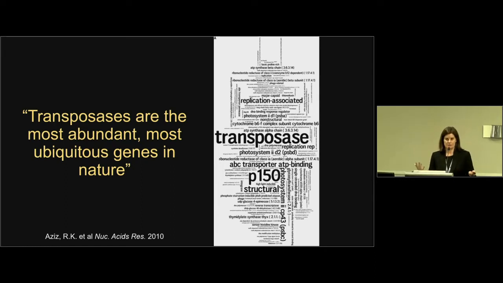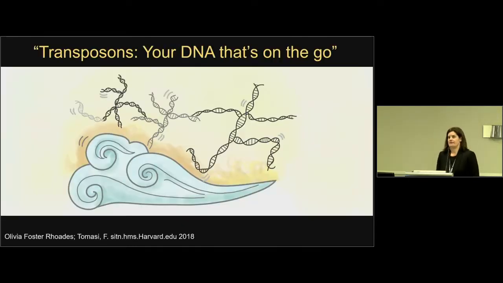And all of us in this room are composed of about 48% transposon-derived DNA sequence. So these things are literally everywhere, all around us. Fortunately for us, not all of that DNA is able to still move, but your DNA is somewhat mobile.